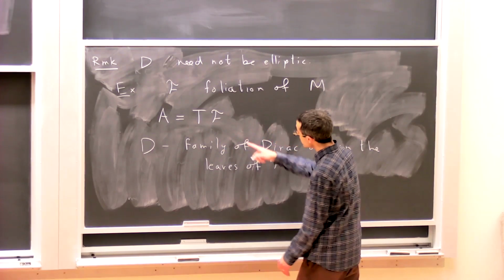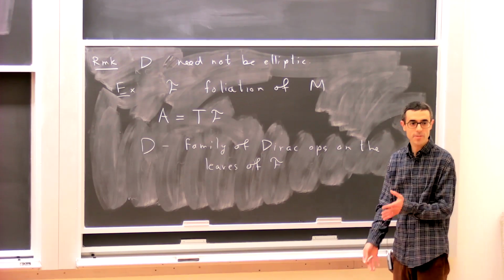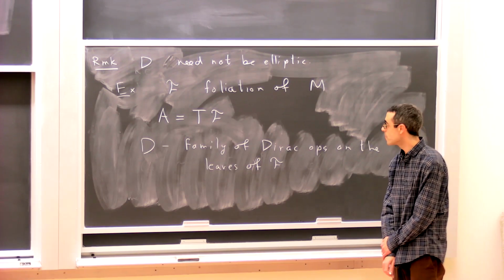So in particular, typically it's very far from being elliptic. It's only differentiating along the leaf directions.